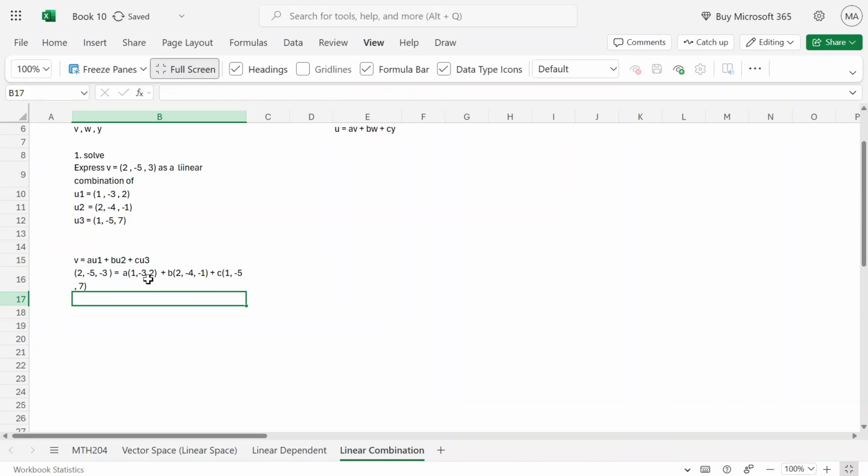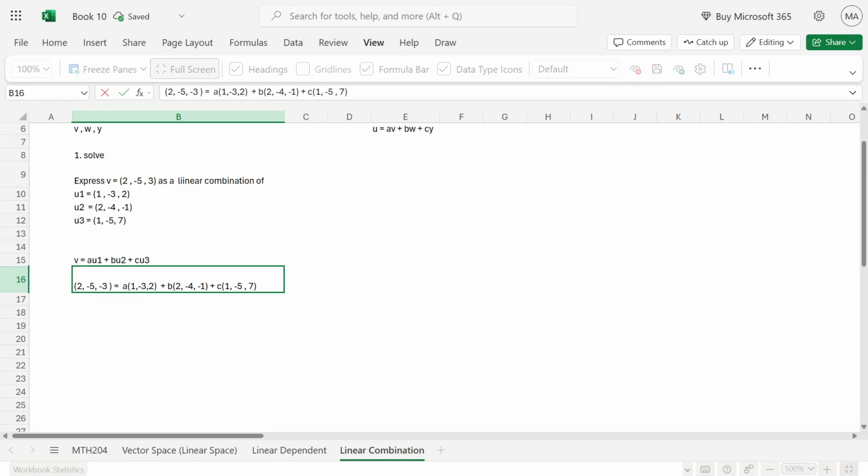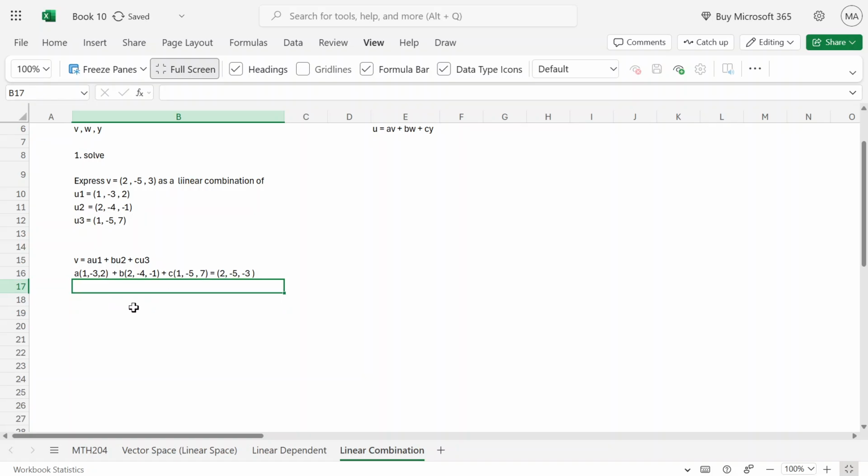So you see now that's our equation. Now we can write this out. It's still the same thing, but for our system, it will make sense to write it this way.